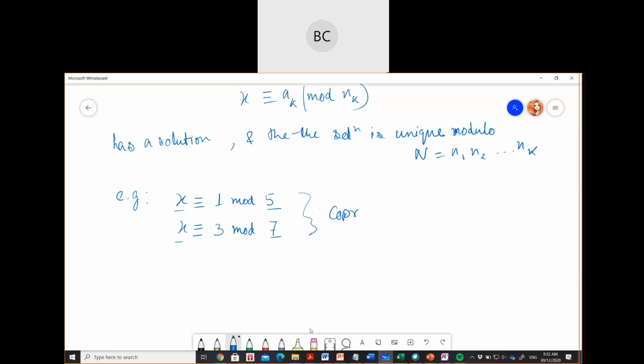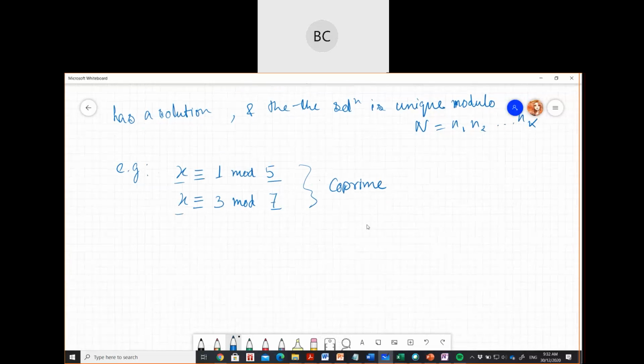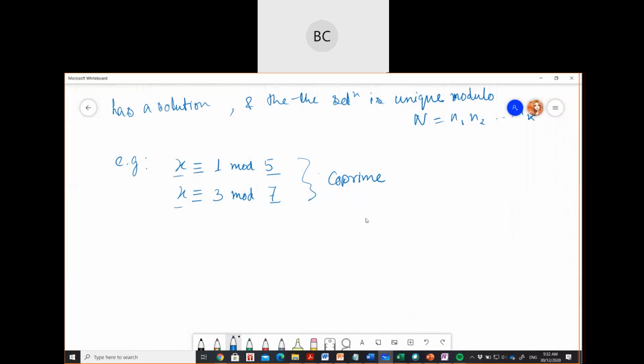What is co-prime? Co-prime means relatively prime.